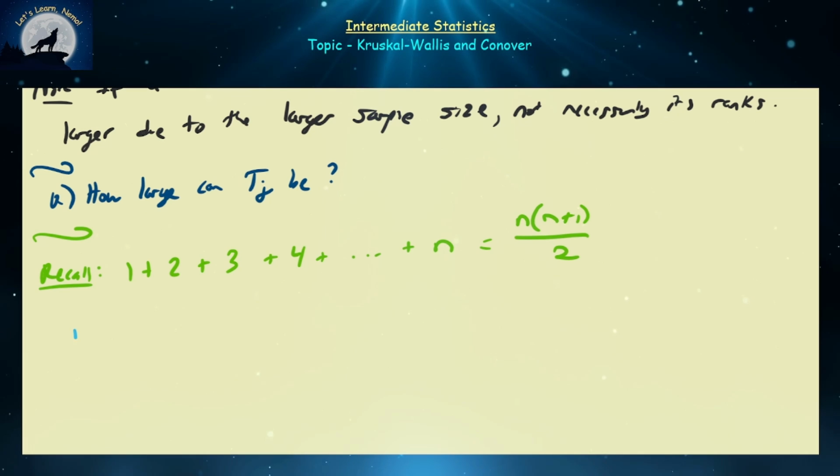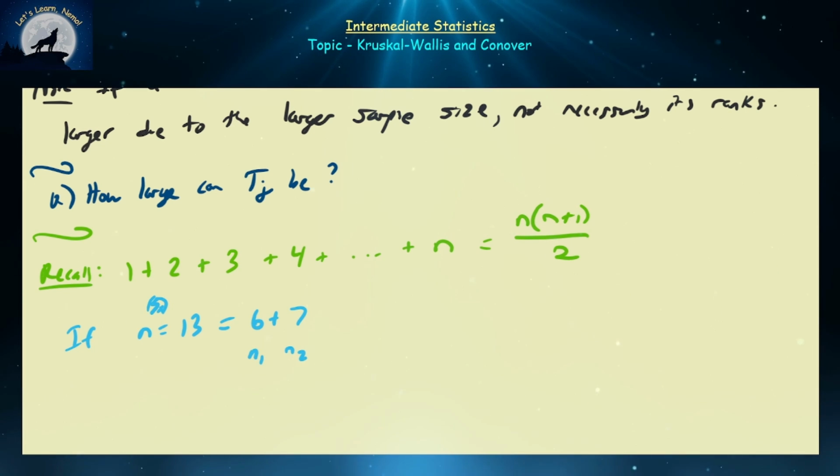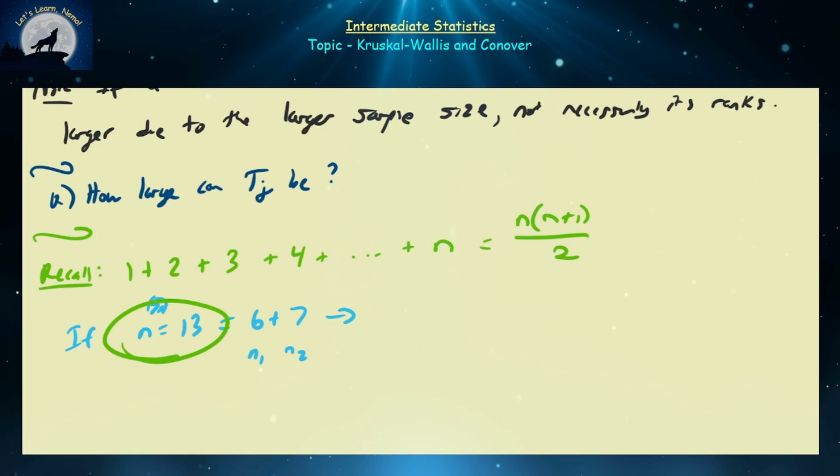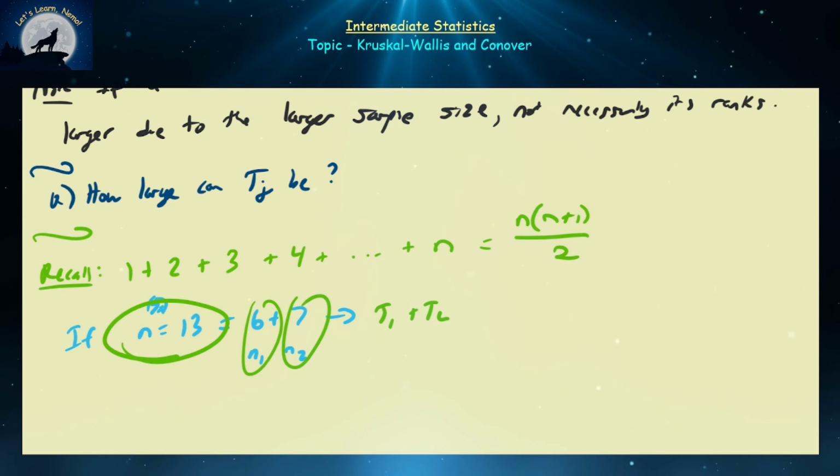It's a nice, very well-known arithmetic series, right? So, for example, if n is equal to 13, for our particular example, which was decomposed into a 6 plus 7 split for n1 and n2, then if I total up all of the ranks for the total set of 13, T1 plus T2 for sample 1 and sample 2 is going to be equal to the total of the original ranks if we were to just unionize them into the same sample.